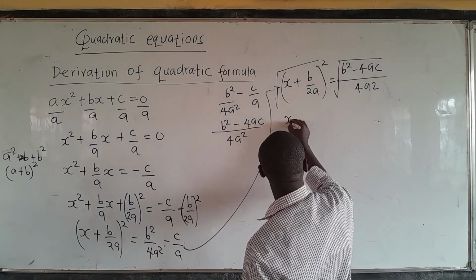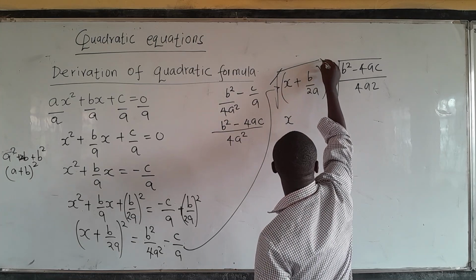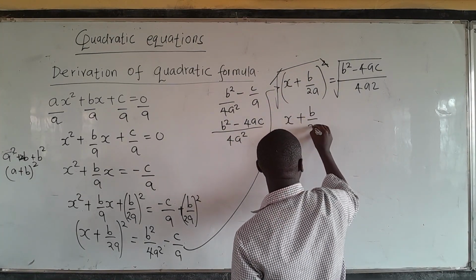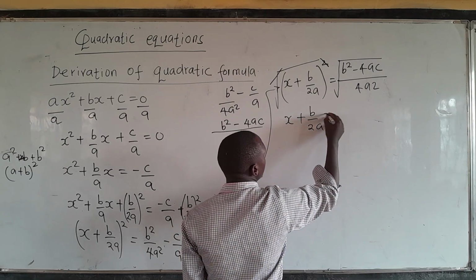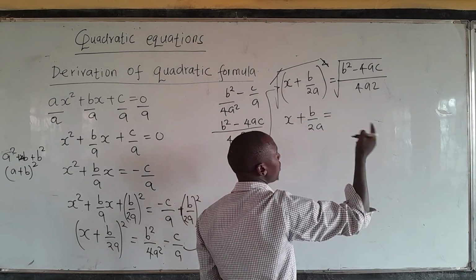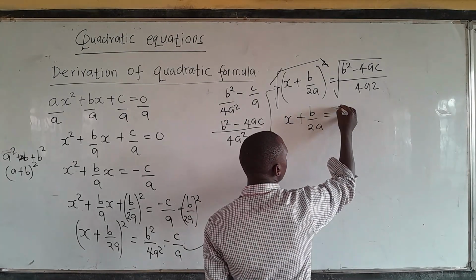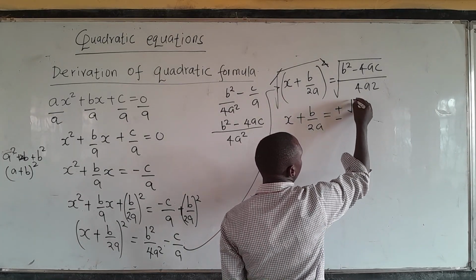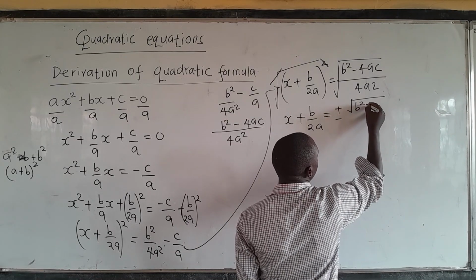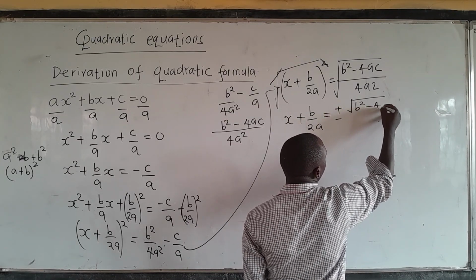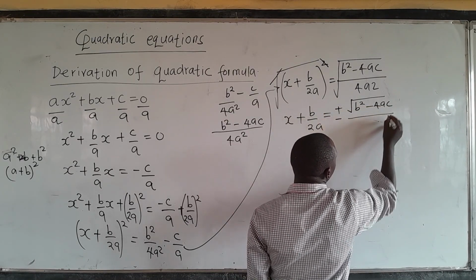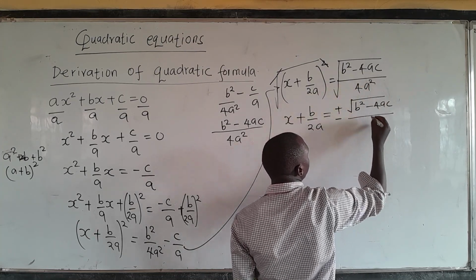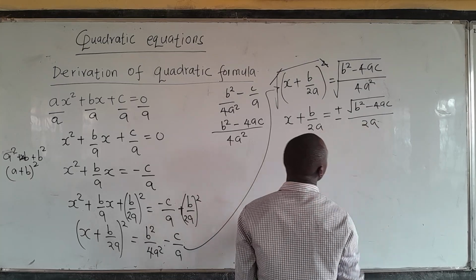The square root cancels out the square, leaving x plus b over 2a equals, remember, the square root of any number is plus or minus, so plus or minus the square root of b squared minus 4ac, divided by the square root of 4a squared, which is 2a.